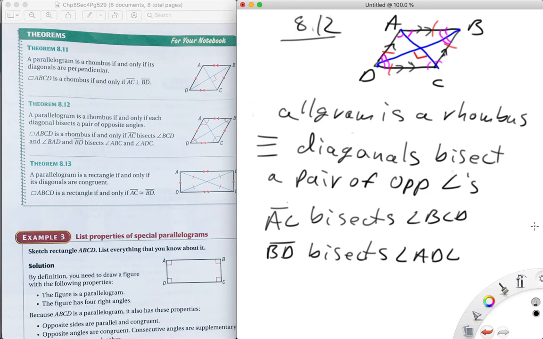Okay. They are cut in half. And again, whatever happens to a rhombus happens to a square. So the angles in a square are also cut in half by its diagonals. Okay. And then we get Theorem 8-13.